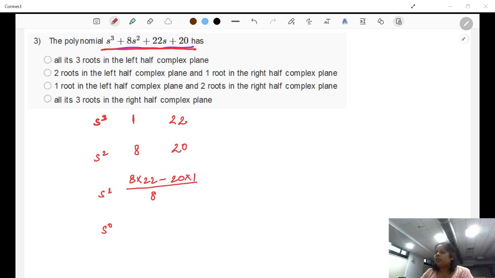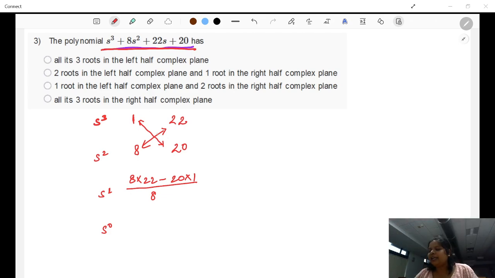You multiply both of these terms, then you subtract the multiplication of these other terms. In a matrix, you might have seen you would do 1 into 20 minus 8 into 22, like finding the determinant of a 2 cross 2 matrix, first row first element to the last element of the next row.